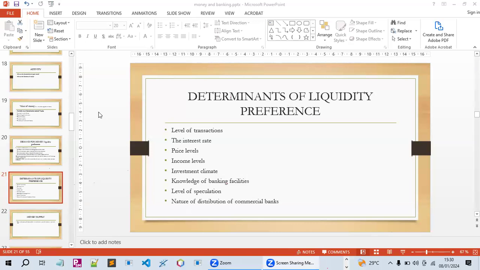Sunny, could you explain to us that point, the degree of uncertainty in an economy, of how it is a factor of liquidity preference?